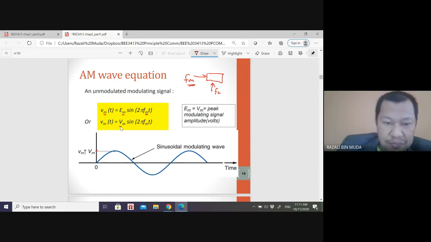Okay, so if given this signal, given this value, the student should be able to write the equation. Boleh? Okay, normally we just give this figure.